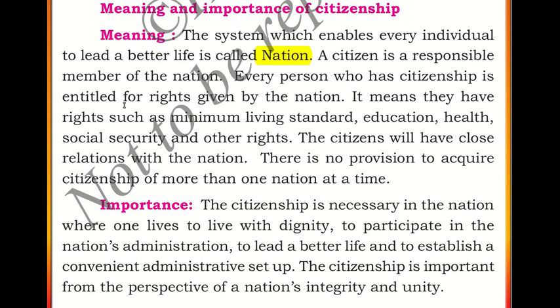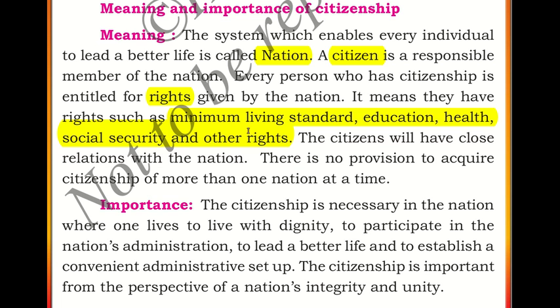A citizen is a responsible member of that nation. So now we are defining what a citizen is. A citizen is nothing but a responsible member of that nation. Every person who has citizenship is entitled to rights given by the nation. It means they have rights such as minimum living standard, education, health, social security, and other rights.